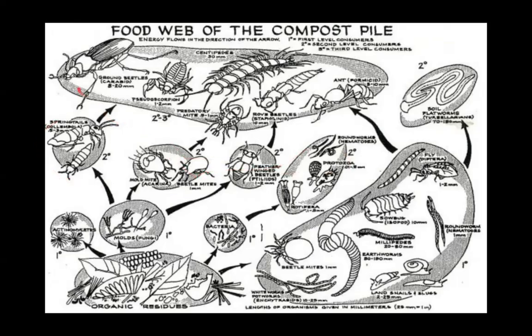And third level consumers, such as ants, centipedes, different sorts of beetles, all living in the soil, which is what cycles the organic material and converts it into plant available nutrients.